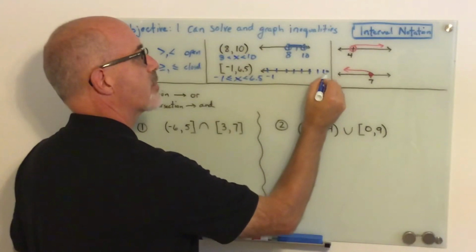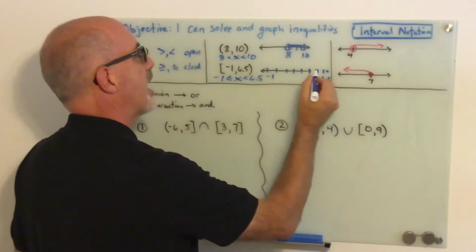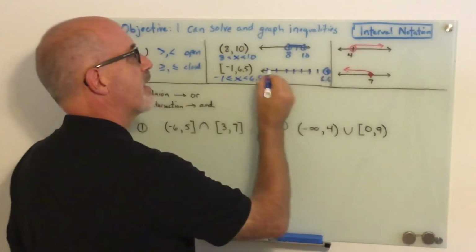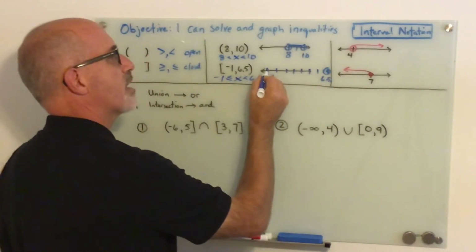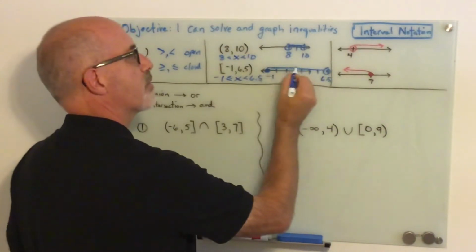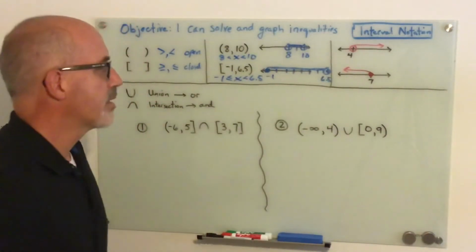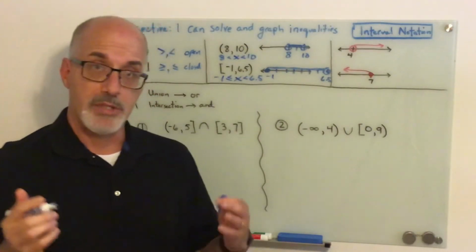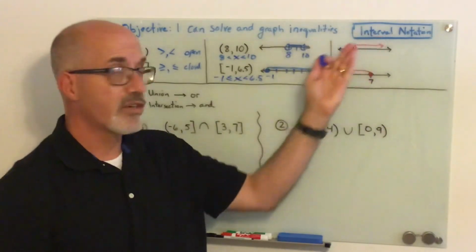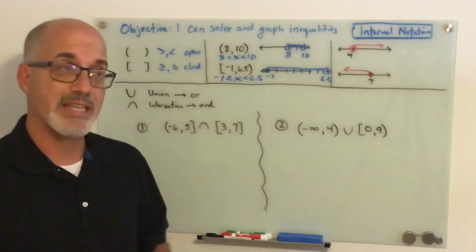Out here's 6.5. And I'm going to put an open dot on that 6.5. And I'm going to put a closed dot on the 1. And I'm going to graph everything in between those two. So between notation, this is just a shorthand way using interval notation to write the same inequalities.